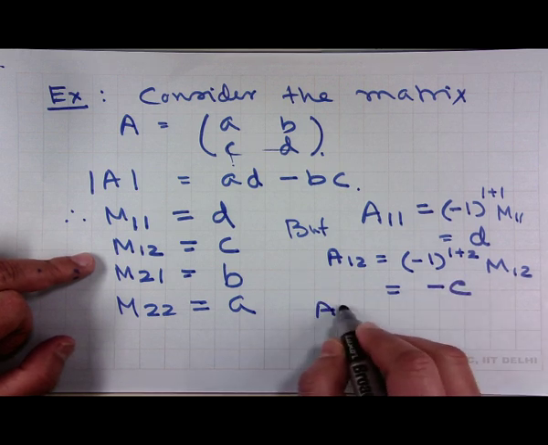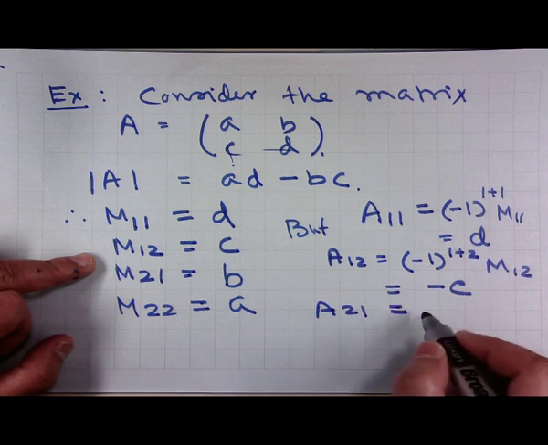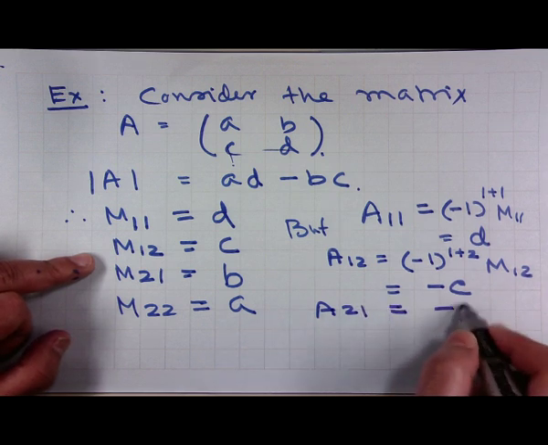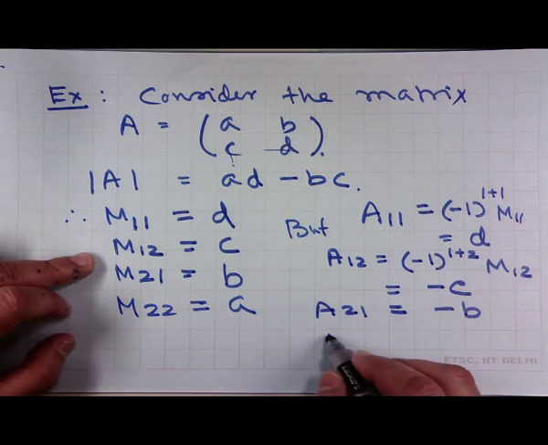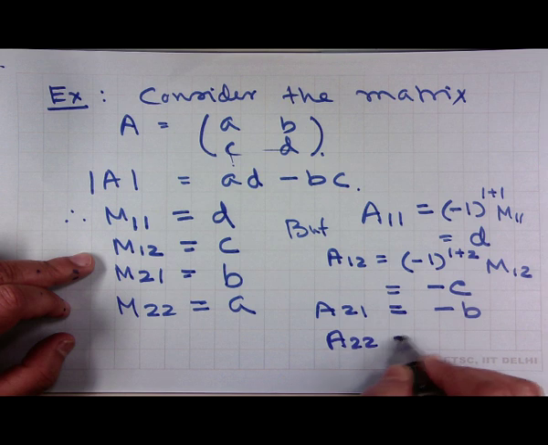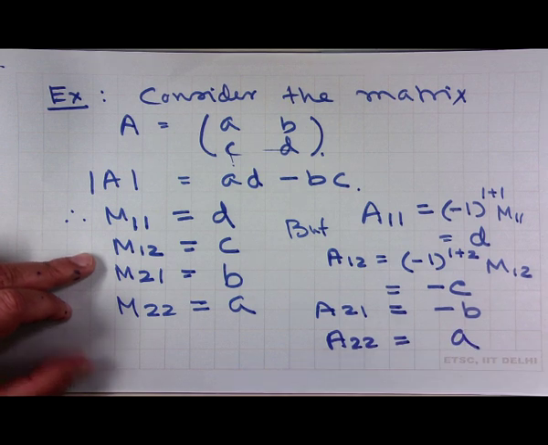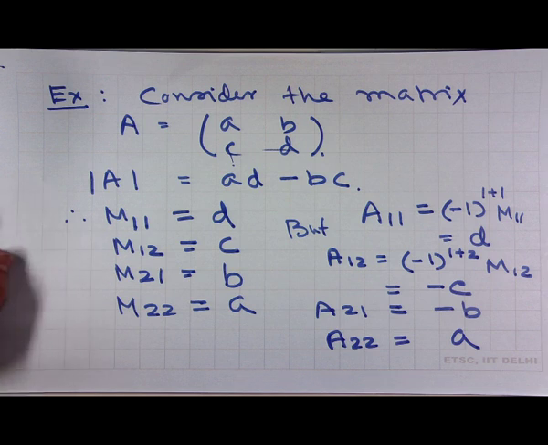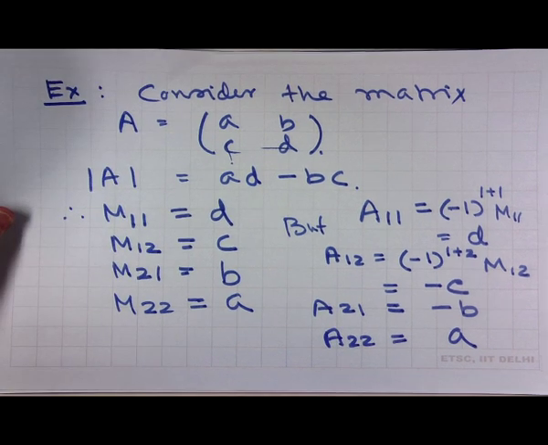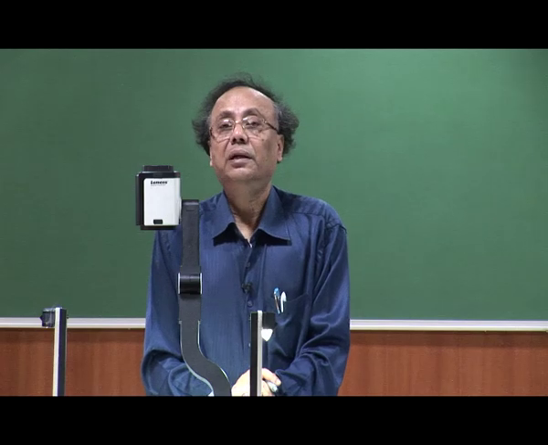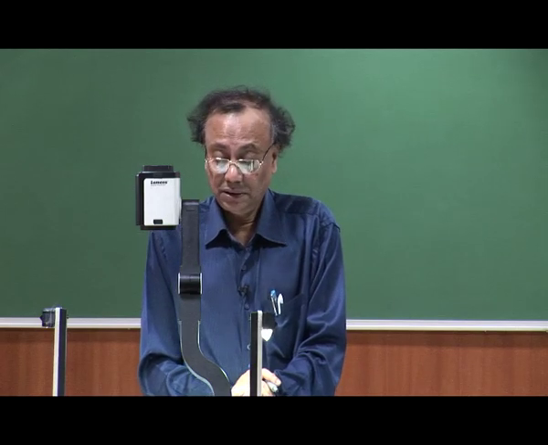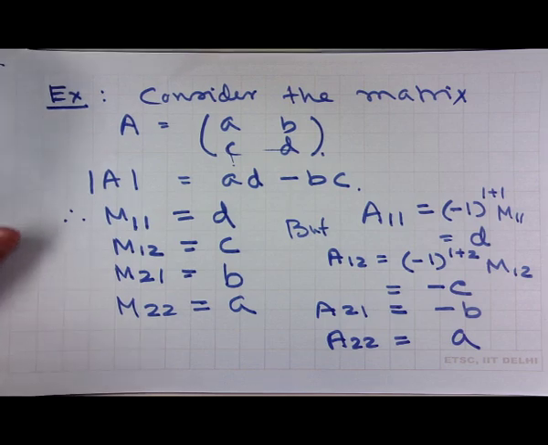A21 in a similar way is minus b, and A22 is equal to a. So, that is the subtle difference between the minors and the cofactors.